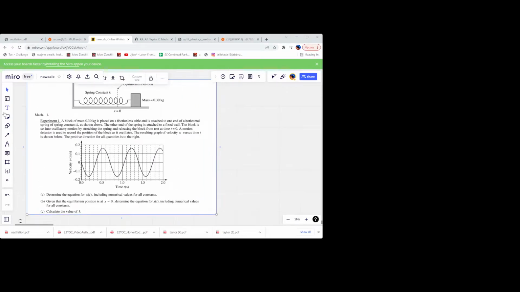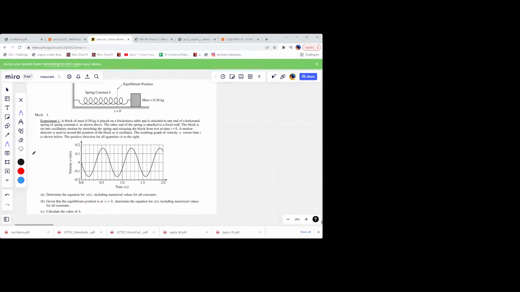Okay, let's see. So, determine the equation for v of t. So luckily there doesn't seem to be a phase shift. Given that, okay, whatever, that's fine. Equilibrium, whatever.